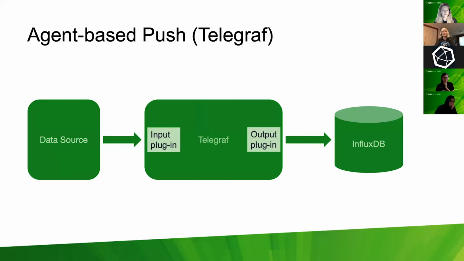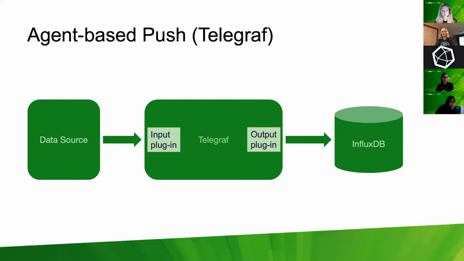The first one is probably the most well-known one, using an agent, in this case, Telegraph. Telegraph is an agent-based solution that enables you to pull data from a whole variety of data sources and send them to a whole variety of data destinations. Telegraph isn't specific to InfluxDB, but in this example, I'm using it where it's sending the data to InfluxDB.